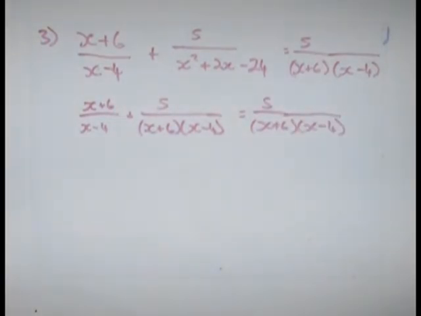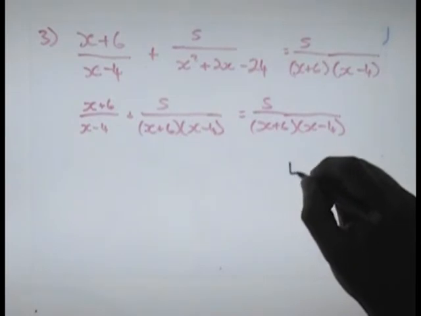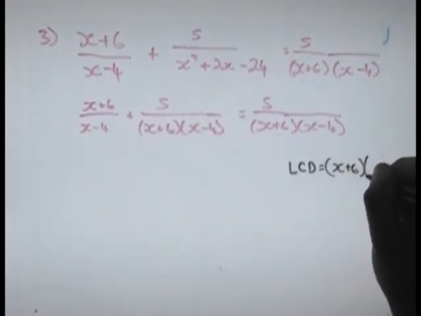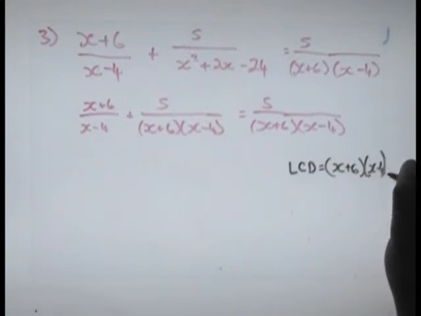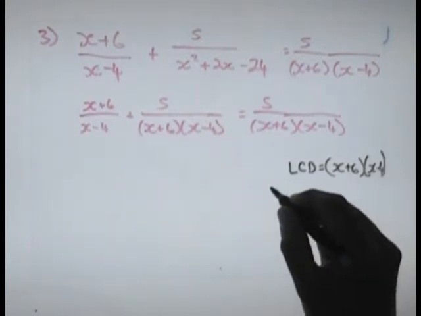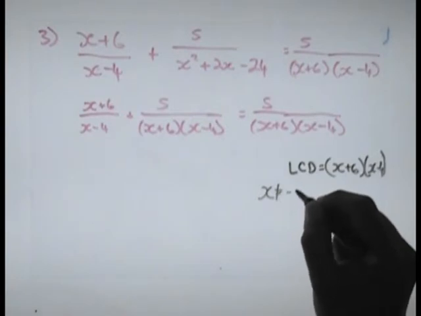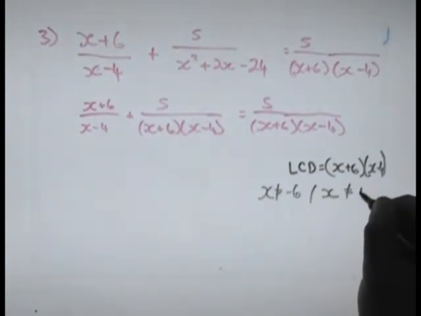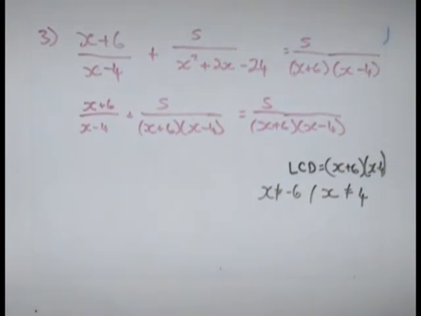That means that for this question here, the LCD is equal to (x plus 6) times (x minus 4), which means that x cannot equal negative 6 and x cannot equal positive 4. Keep that in mind.